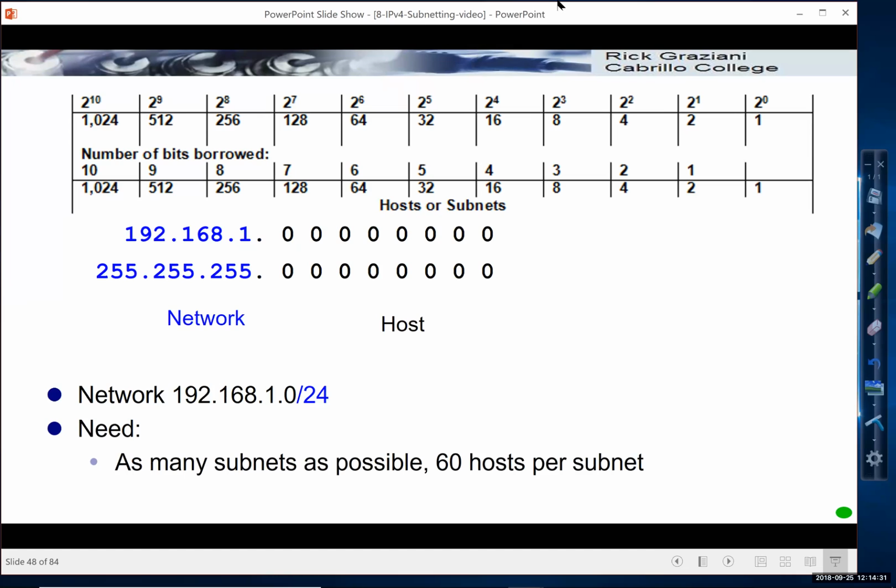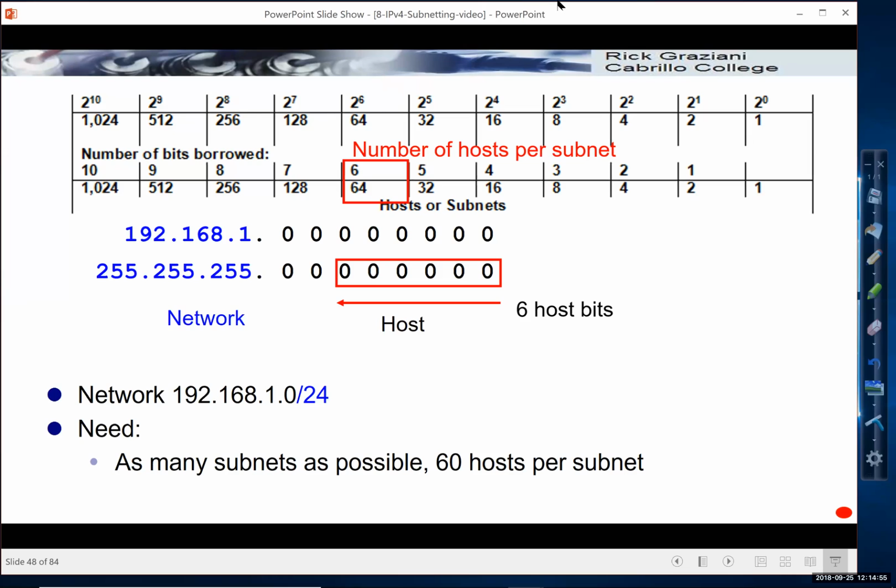Reserving 6 bits for hosts will give us 64 possibilities. We need at least 60 hosts per subnet, and 6 bits will give us that.